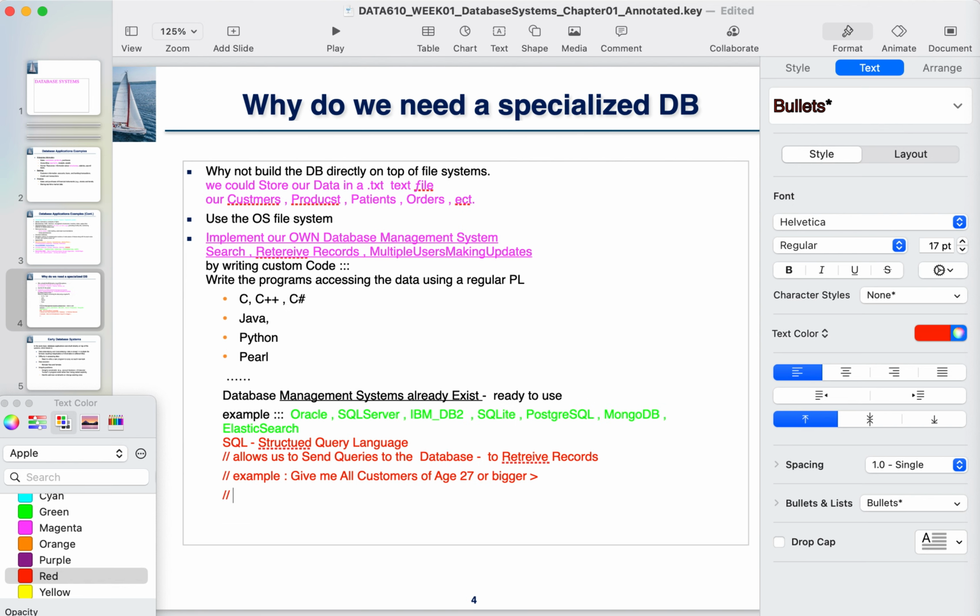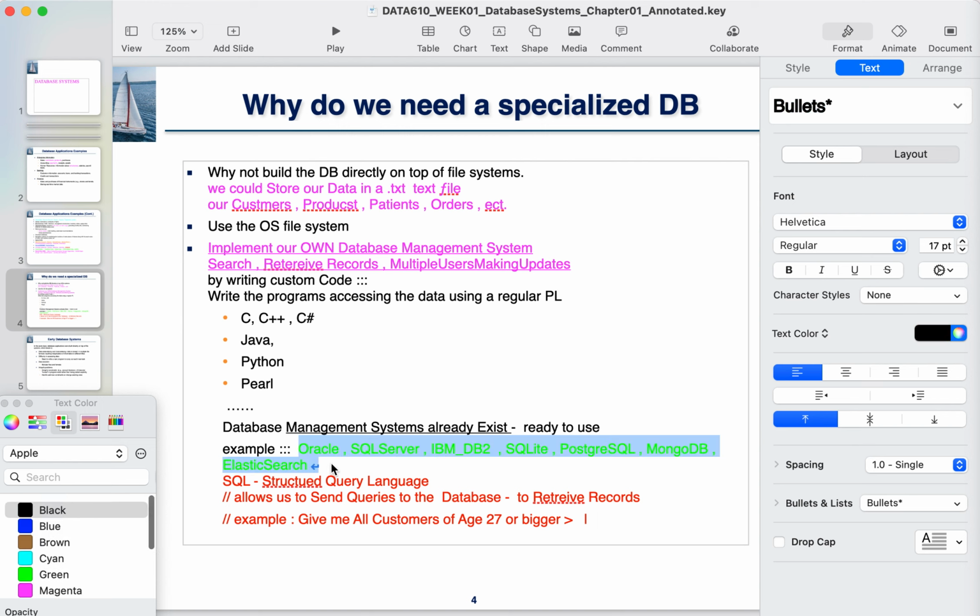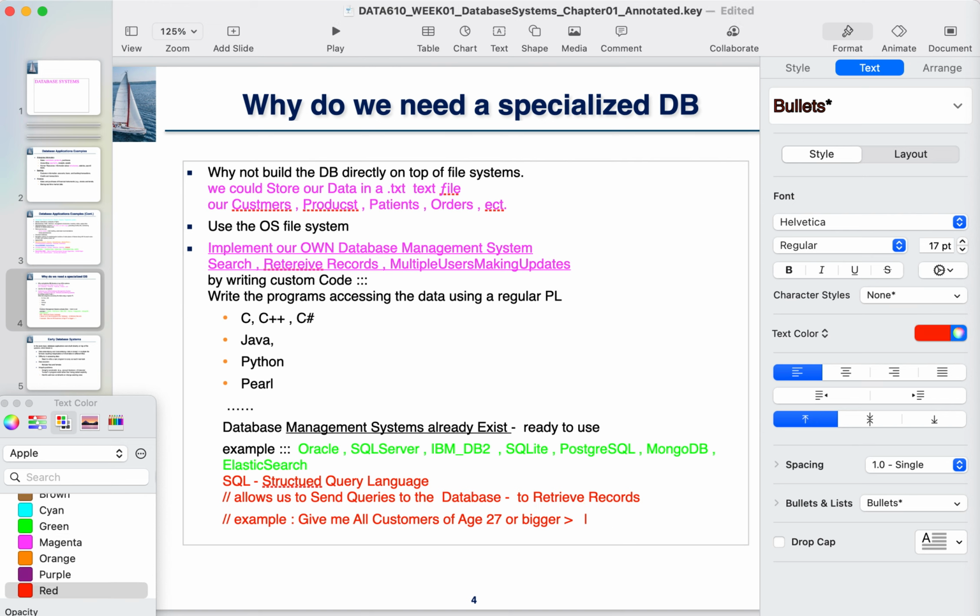Or give me all orders that were placed on October 26th, for example. And then the database management system goes and searches through the records and sends us this information. We could also make updates if we want to add new records, and multiple people can do this at the same time. We can add tables or delete tables or delete the entire database if we want to, or create a new one. So the system allows us to do this.